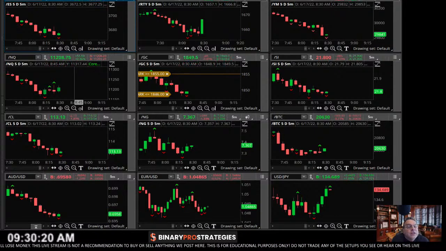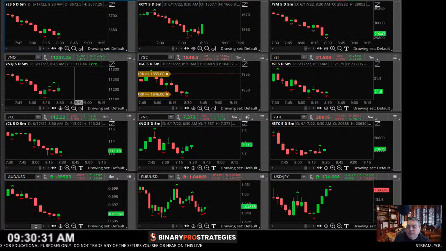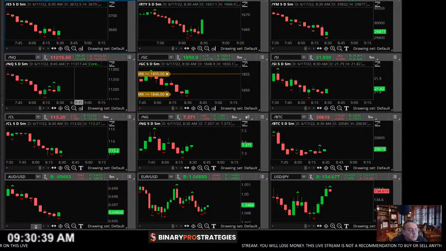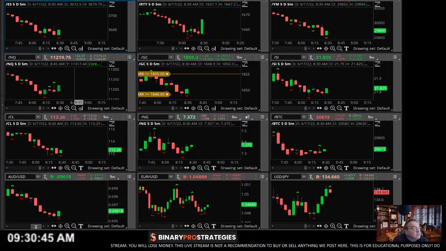Euro short is going to be 1.0489. Double short, I like these double shorts. Short Euro US, short gold.